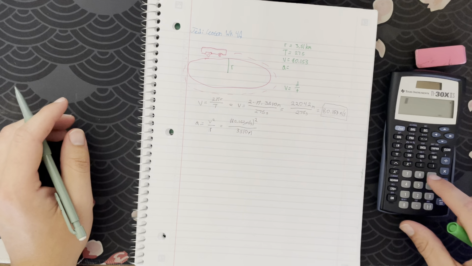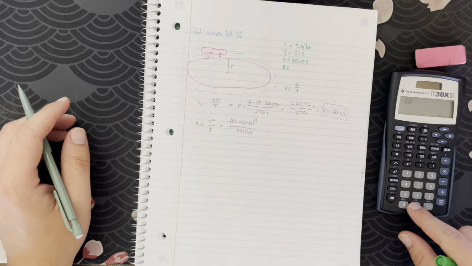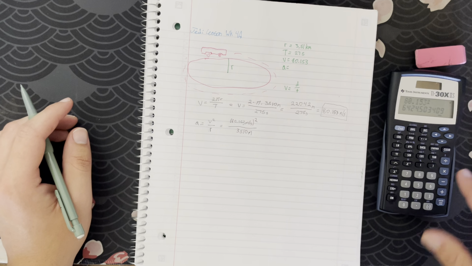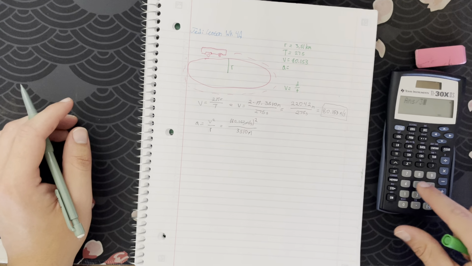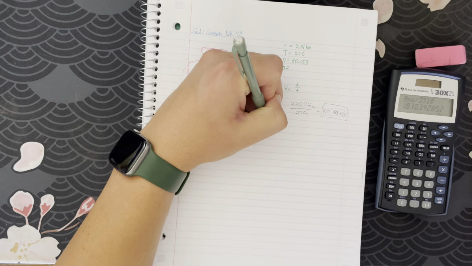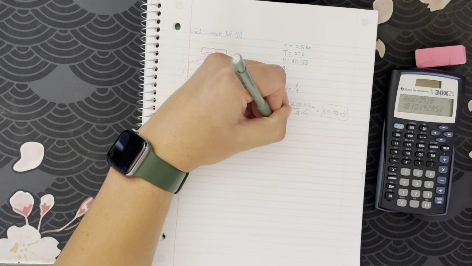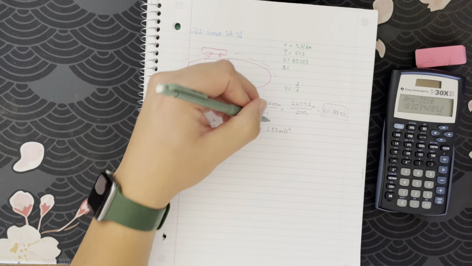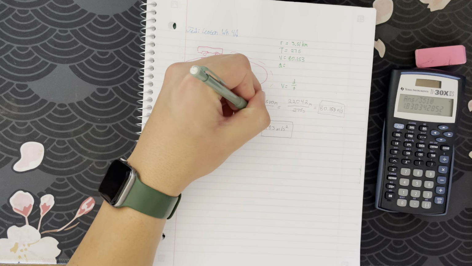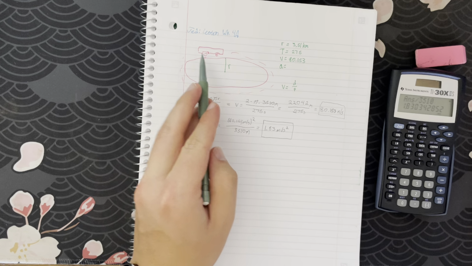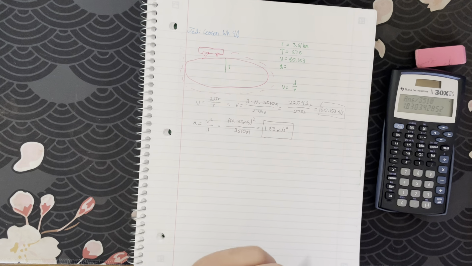Sorry. 80.153 squared. There you go. Now this is making more sense. Divided by 3510 equals 1.83 meters per second squared. And that is our centripetal acceleration of a vehicle going around a circular track in 275 seconds.